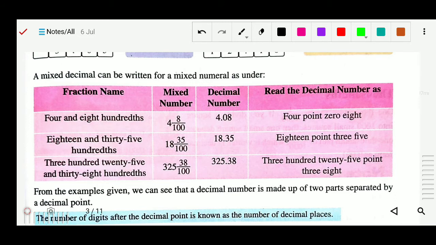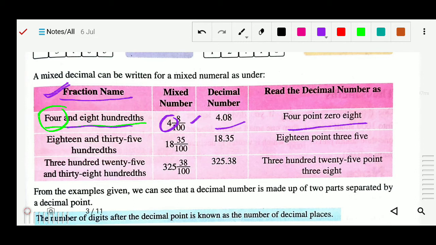For 4 and 8 by 100, 4 is the whole part, so you write 4 here. 8 by 100 is 0.08, so you write the decimal as 4.08, and you read it as 4.08.